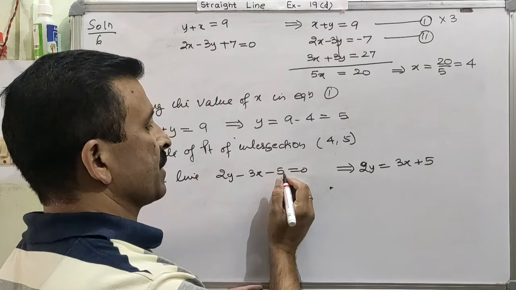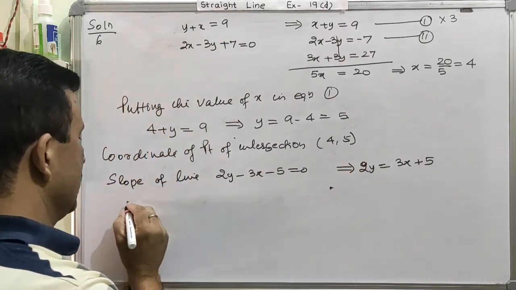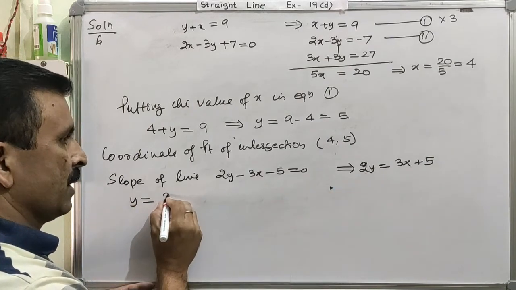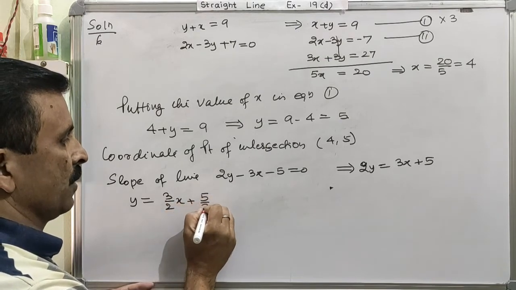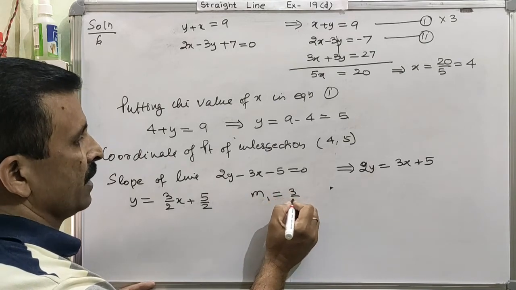This 3x and minus 5 both will go to the other side, so both negatives will become positive. And finally, we can calculate the slope by writing this in the slope and y-intercept form. So y equals 3 over 2 x plus 5 over 2. And therefore, the slope of this line is m1 is equal to 3 over 2.